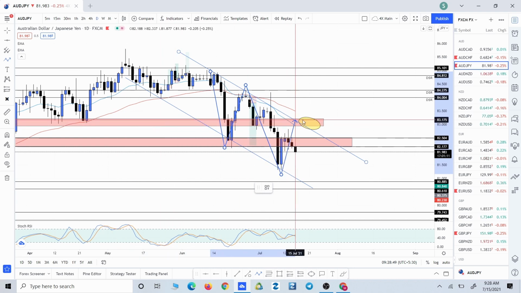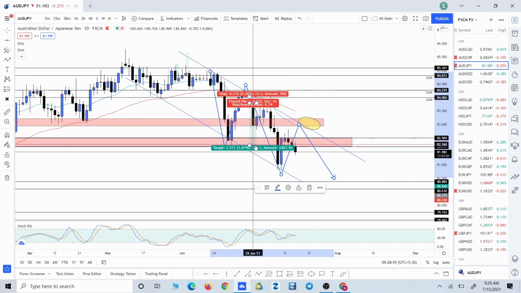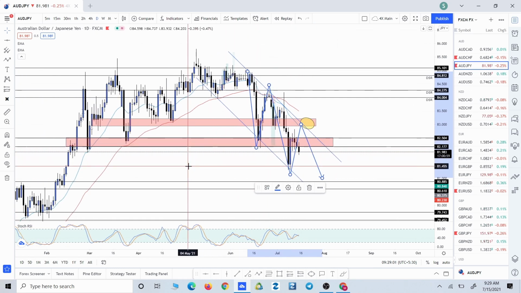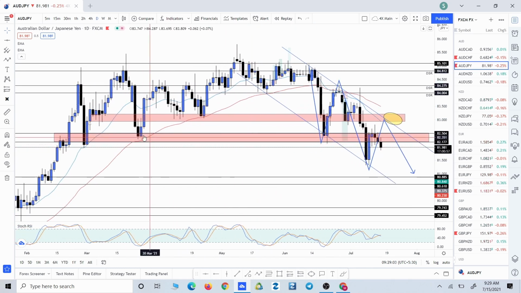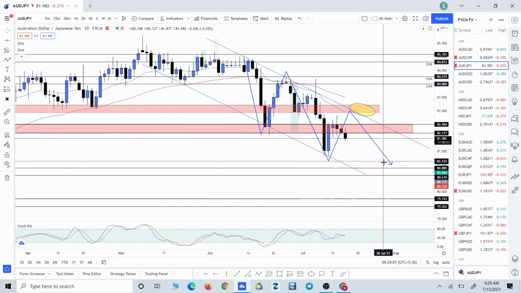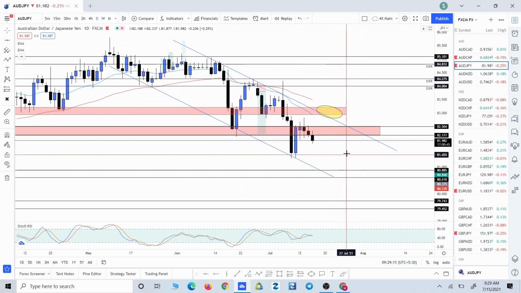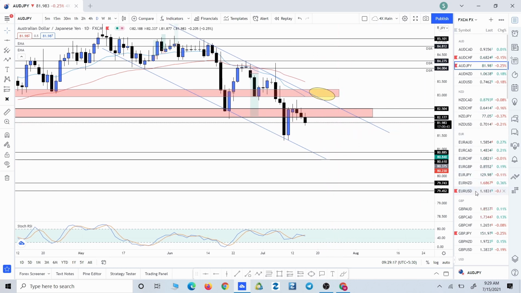Also we have this strong resistance zone, we have these moving averages, and we have a Fibonacci retracement zone as well. So we expected the price to go lower from there, although the price got rejected from this level, which is also a very strong level. You can see we have a retest here, here, here and here. So right now, if the price still retraces back to this yellow highlighted zone and gives us any kind of shorting opportunity, then I will try to get in.